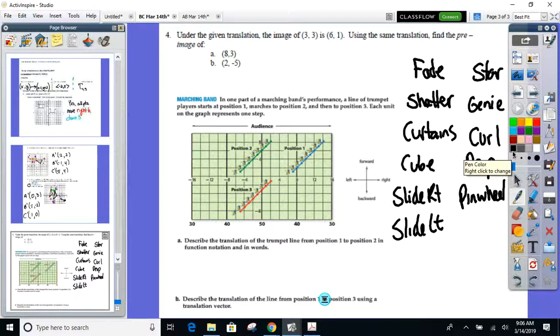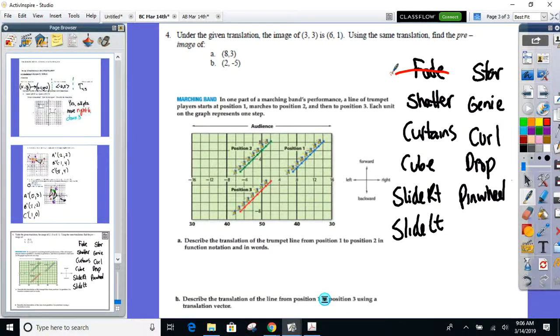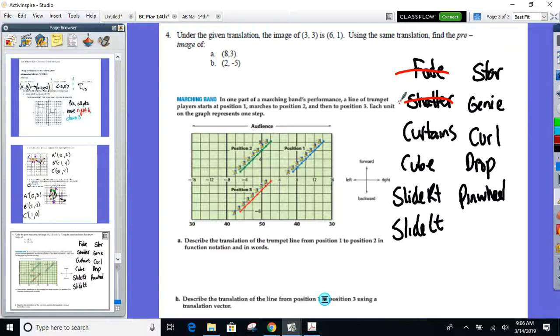Anything else before we vote? Fade. Shatter. Curtains. Cubes. Slide to the right.